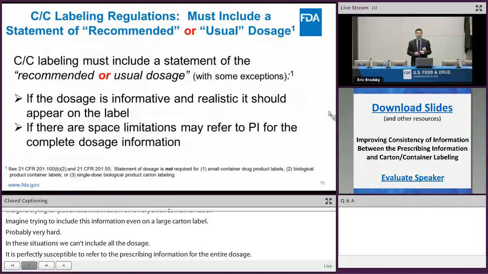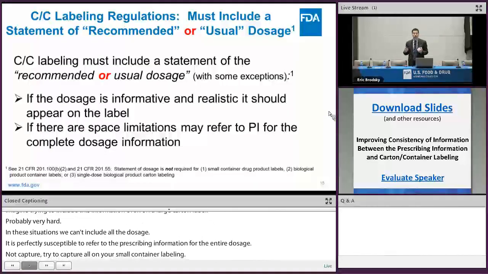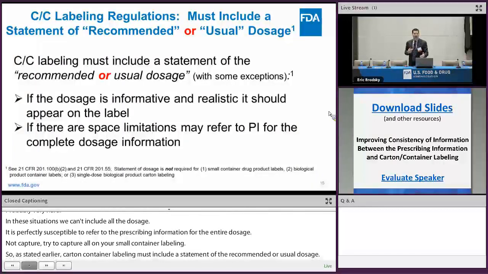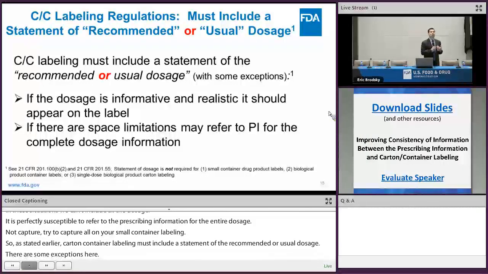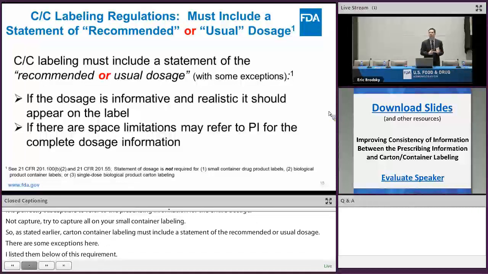So, as stated earlier, the carton container labeling must include a statement of the recommended or usual dosage. There are some exceptions to this requirement, and I listed them below. If the dosage regimen is only 10 milligrams once a day, and there are no dosage adjustments due to adverse reactions or drug interactions, and no dosage recommendations in specific populations, it's very simple.